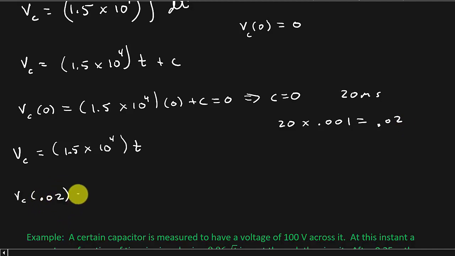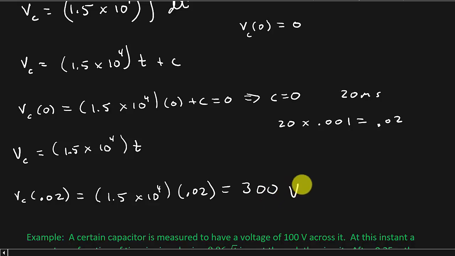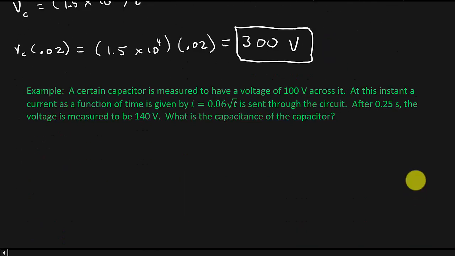I use 0.02 equals 1.5 times 10 to the 4th times 0.02, and that comes out to be 300. That would be 300 what? 300 volts. And that's your answer right there.